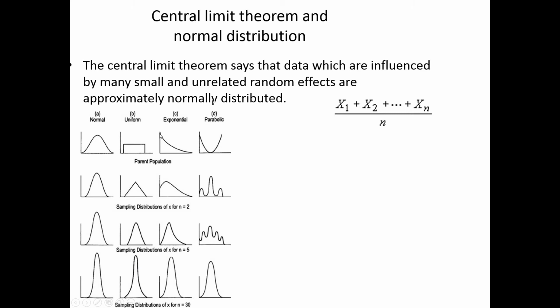And similarly with the exponential distribution: if we take only two samples and calculate the mean, it will have a shape somewhere in between normal and the original distribution. But if we take not two, but 5 or 30 samples, it will become more and more Gaussian-like.